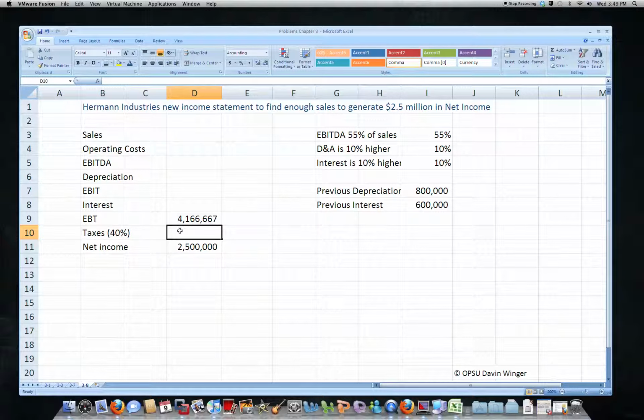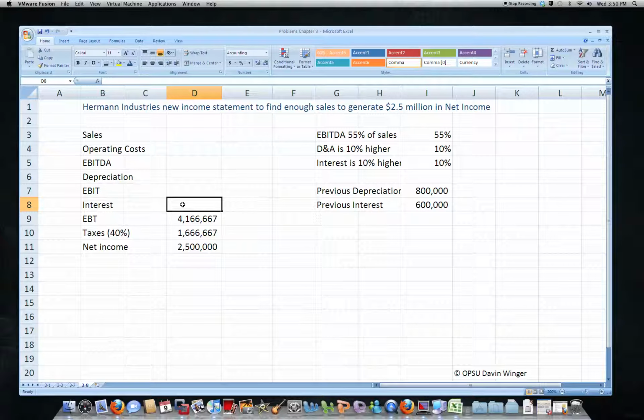We can find our taxes by just multiplying by our tax rate, which is 40%. And you'll notice that the net income is the difference between these two. Our interest is 10% higher than it was last year. Our previous interest was $600,000.